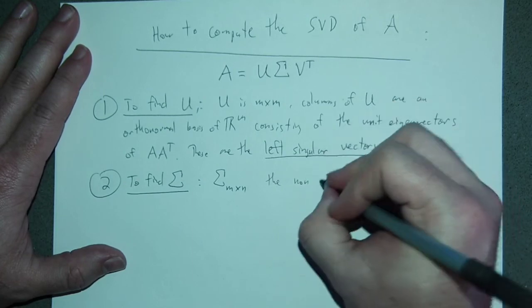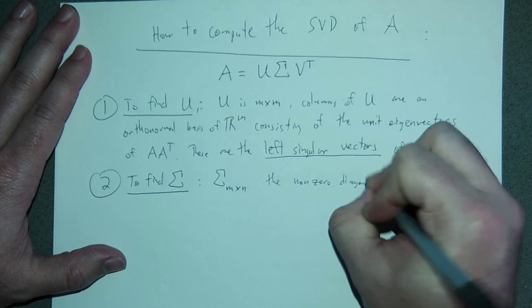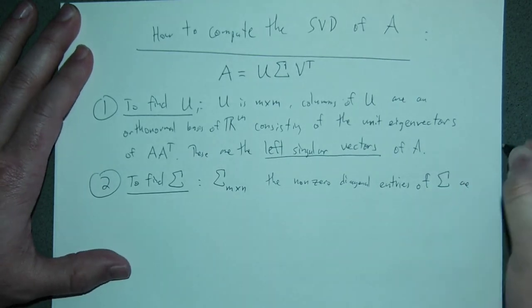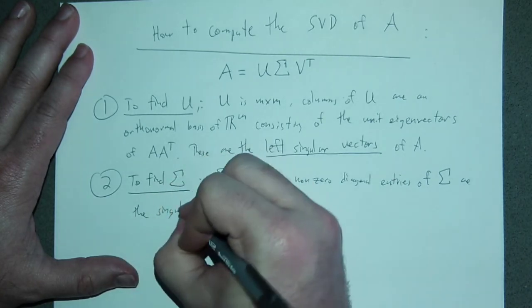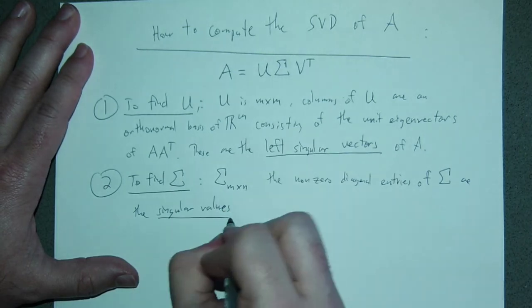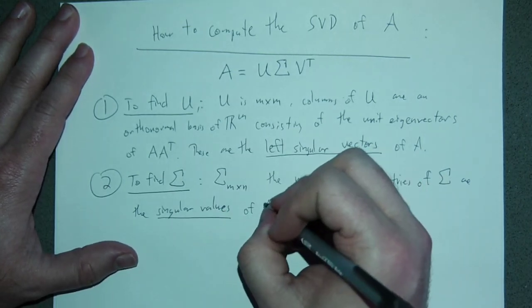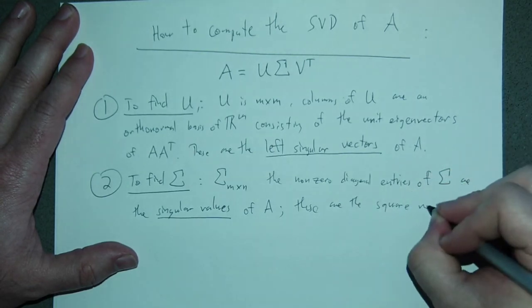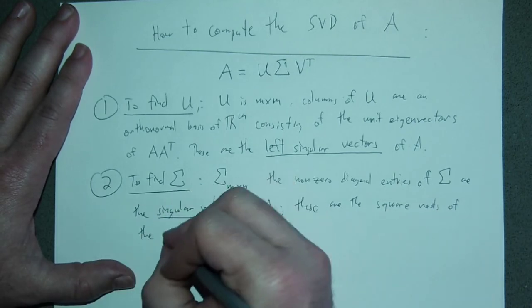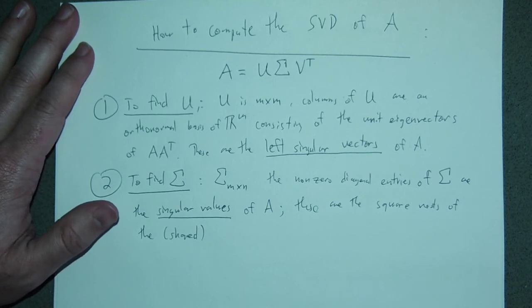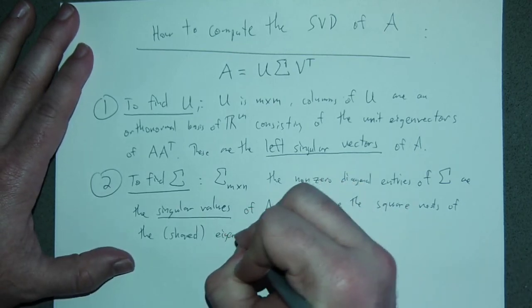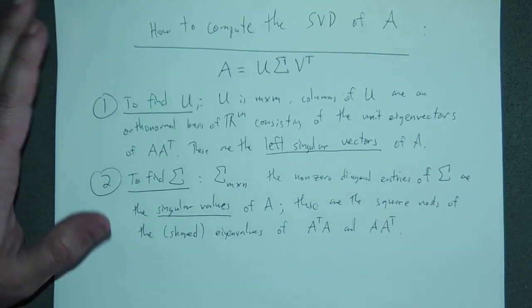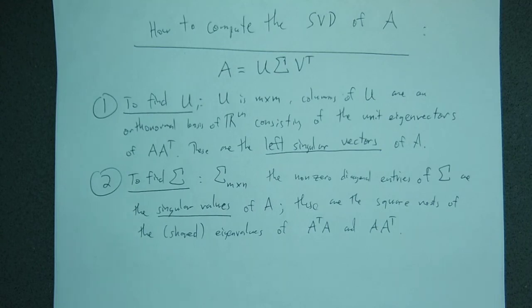The non-zero diagonal entries of sigma are called the singular values, which is where SVD gets its name, the singular values of A, and these are the square roots of the shared eigenvalues, because they agree by part 3 of the previous theorem, of A transpose A and A A transpose.